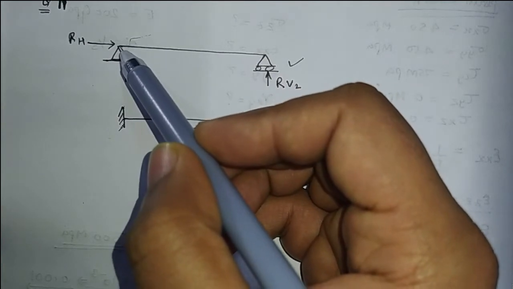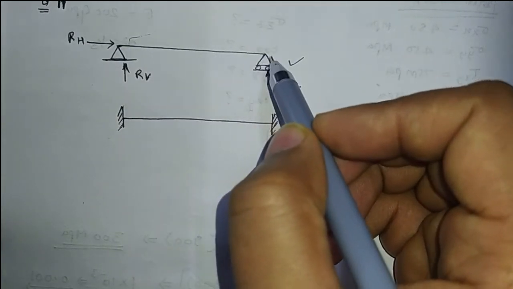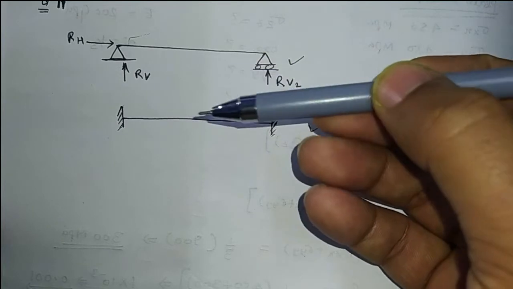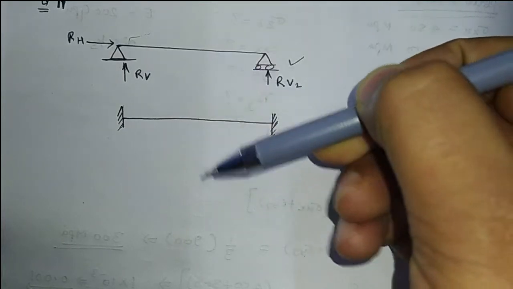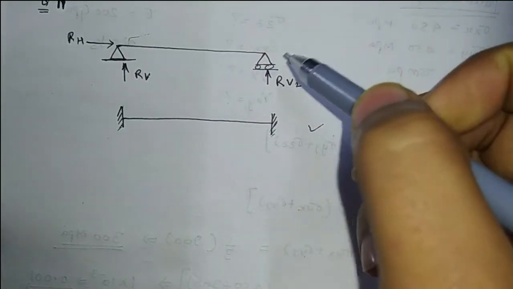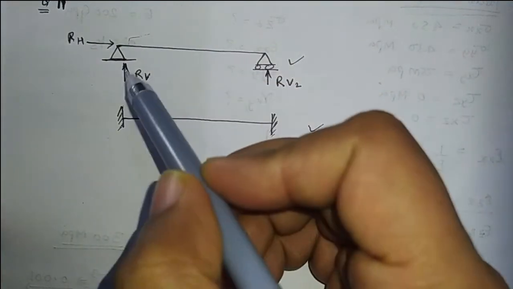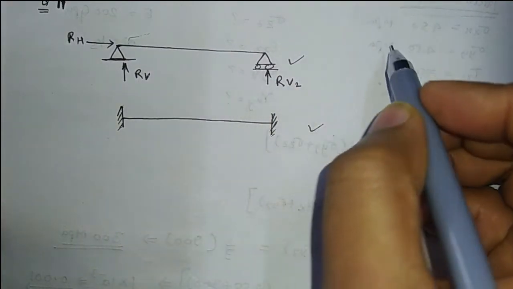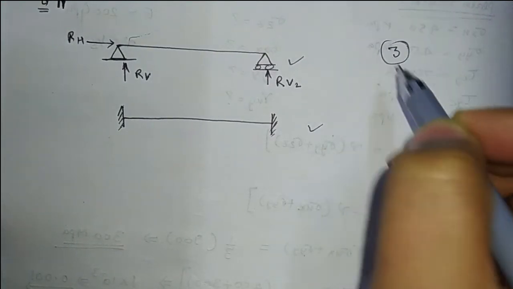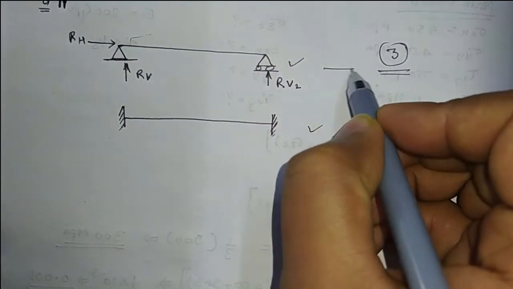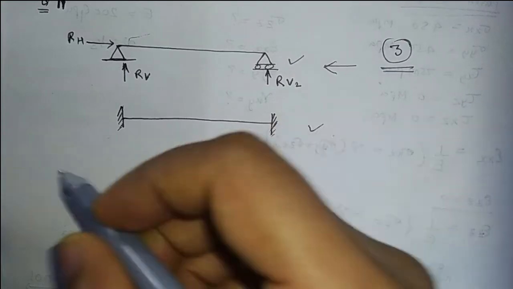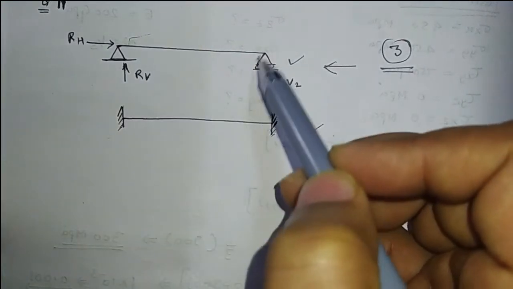Similar to the hinge support, the roller support does not resist any angular movement of the beam. So here the number of unknowns is 3 for the simply supported beam, 1 horizontal and 2 vertical reactions.